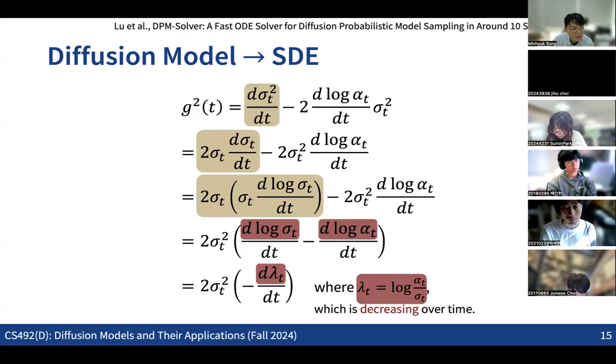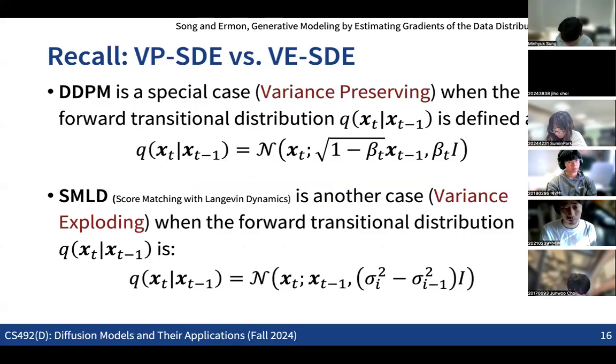But we are going to see how these are related to what we have seen in the DDPM and DDIM case. We have very briefly discussed this point in the previous lecture, but we can see that DDPM is a special case of the general diffusion model, with this specific default transitional distribution.